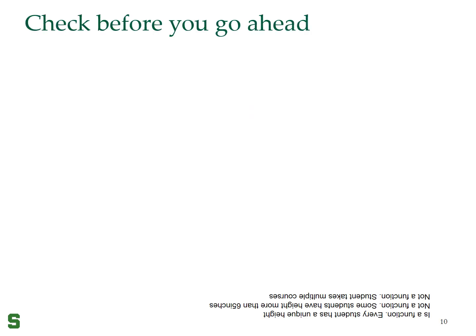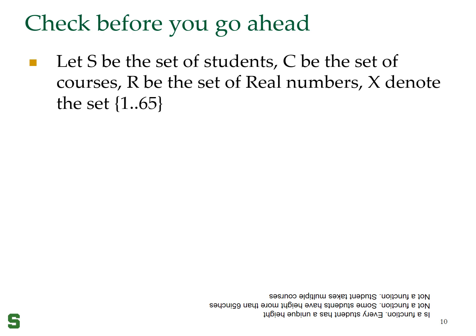Once again, we have reached the check before you go ahead slide. Here, I want you to look at whether the things that I'm going to define are likely to be functions or not. So S is a set of students, C is the set of courses, R is a set of real numbers, and X is a set 1 through 65.